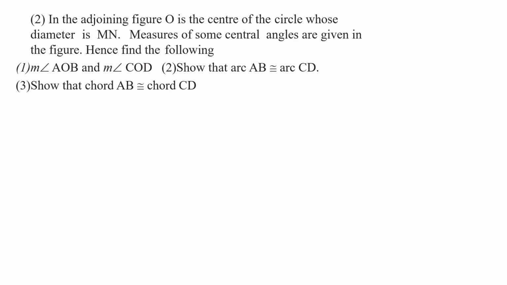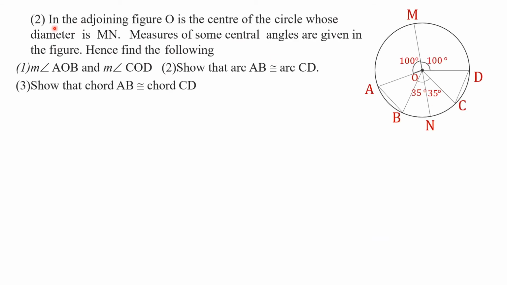Second example. In the adjoining figure, O is the center of the circle whose diameter is MN, here this is a diameter. Measures of some central angles are given, and these angles are given.